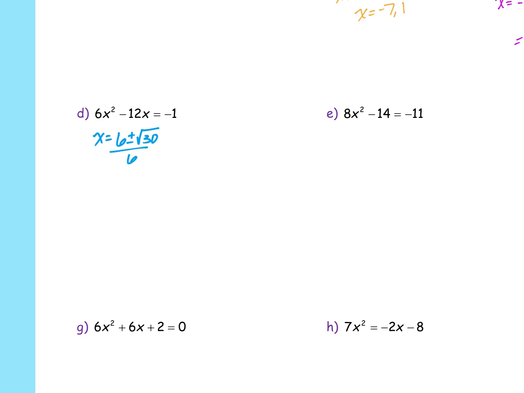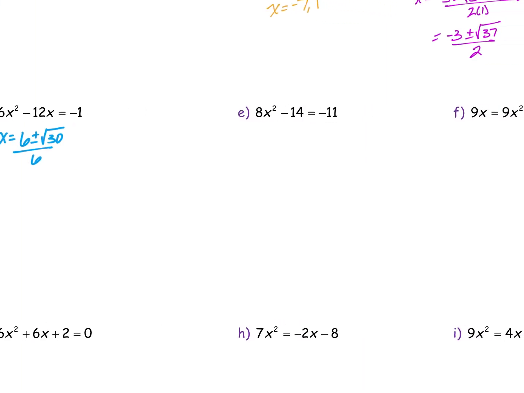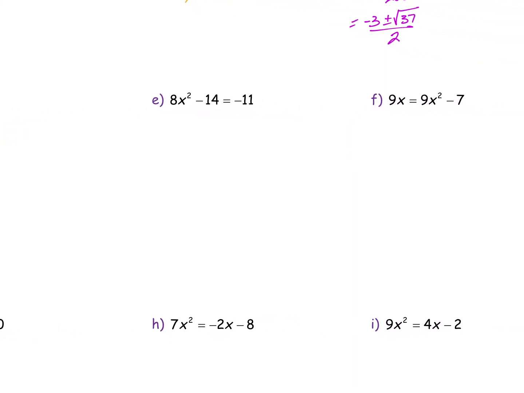Now, if you need me to go over one of them, because you didn't get the same answer, let me know and I'll go over it, okay? And the answer to E is x equals plus or minus the square root of 6 over 4.